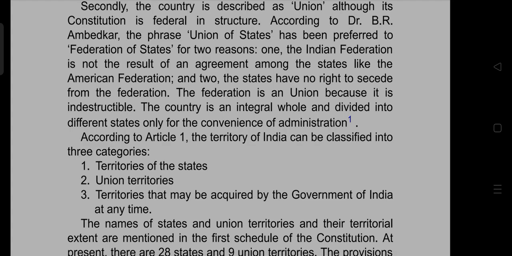The Federation is a Union because it is indestructible. The country is an integral whole, divided into different states only for convenience of administration.